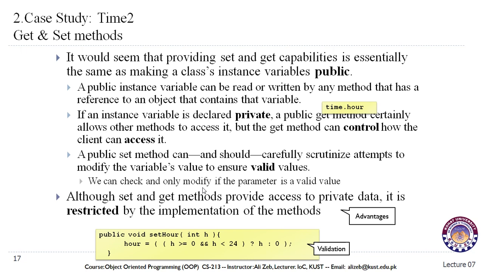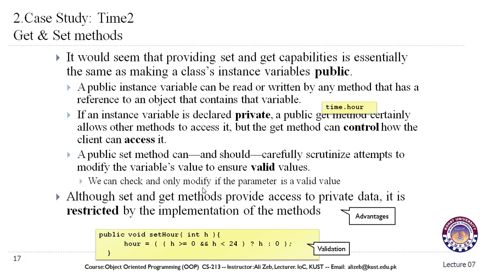Although set and get methods provide access to private data, it is restricted by the implementation of the methods. In simple words, the advantage of using the set and get methods is that, despite providing access to our private instance variables to classes from outside of our class, that access is restricted and is a controlled kind of access.